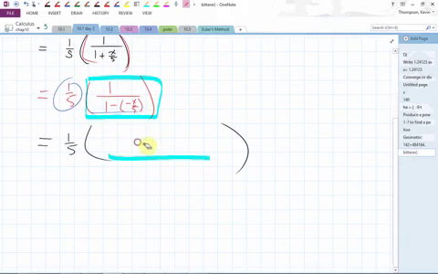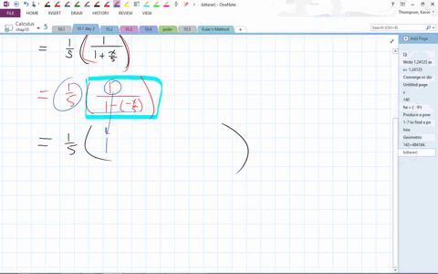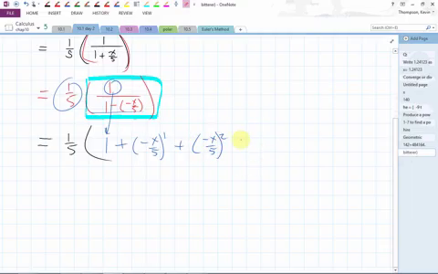So if I was going to write this out, it would be 1. Why 1? Because that's the first term. Plus negative x over 5 to the first, plus negative x over 5 squared, and so on, dot, dot, dot.